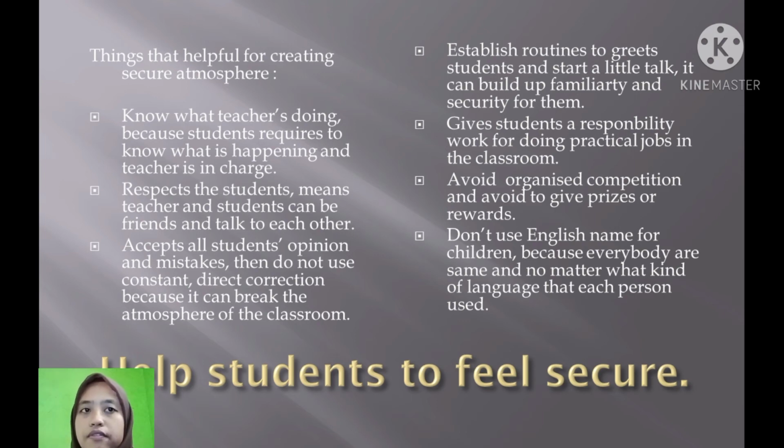And then number five is give students responsibility for doing practical jobs in the classroom, such as cleaning the whiteboard, changing the water of the vase, cleaning the windows, and many more. Number six is avoid organized competition and avoid giving prizes or rewards.